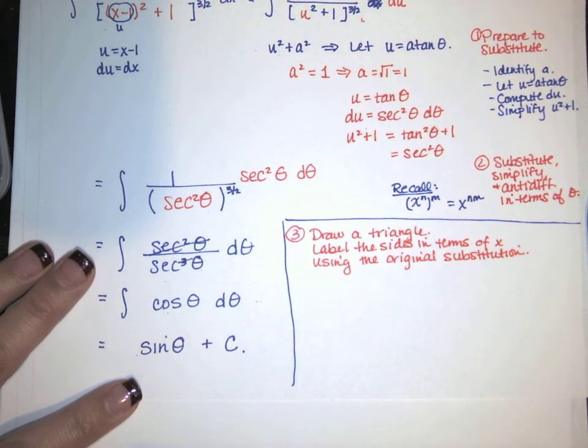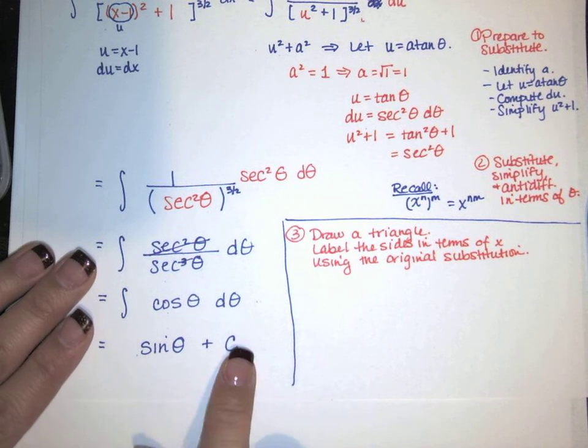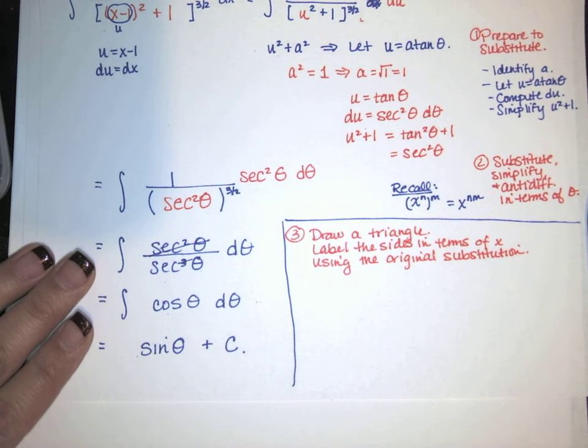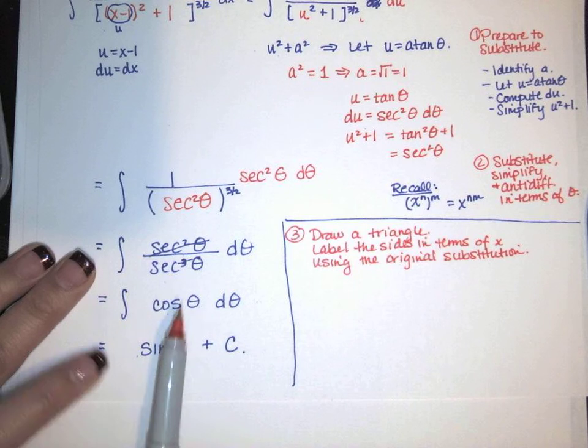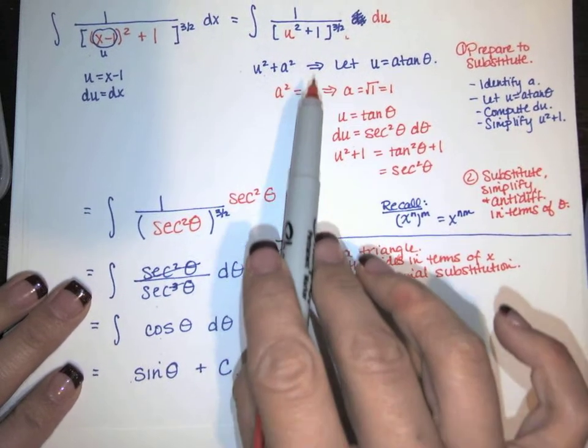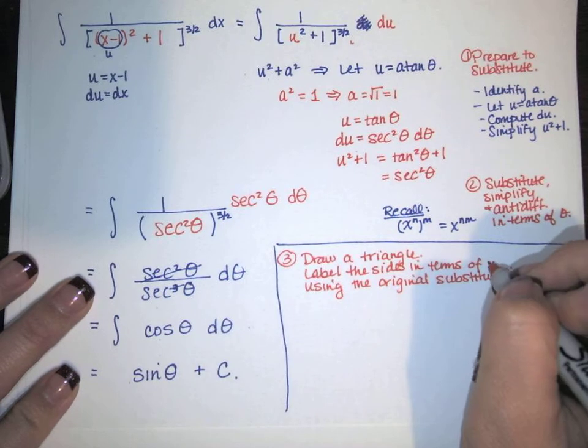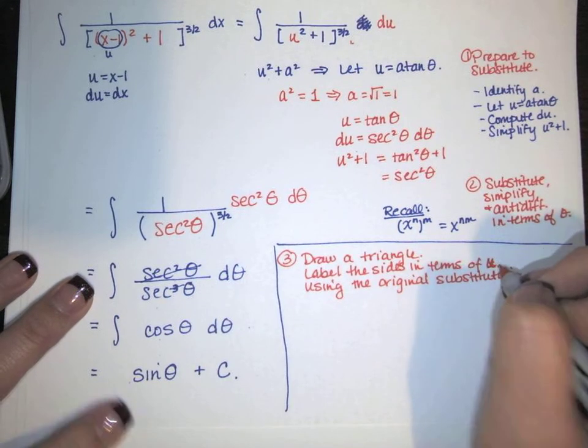And then we're going to use the triangle to find sine of theta plus c, our final answer in terms of x. Or actually, I think we did this trig substitution in terms of u. So I'm going to label the sides not in terms of x, but in terms of u this time.